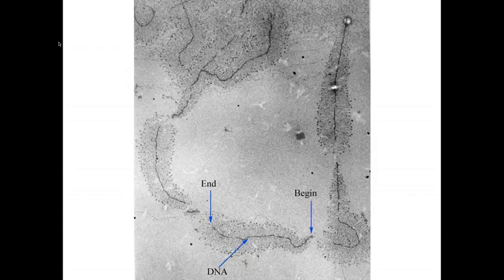Here's a wonderful electron micrograph illustrating the transcription of a gene in process. And what we have here are individual strands of DNA. They're the thicker black lines. And each of these DNAs is in the process of being transcribed.